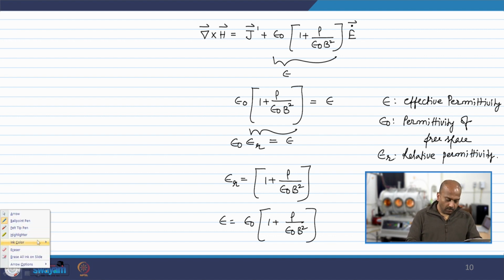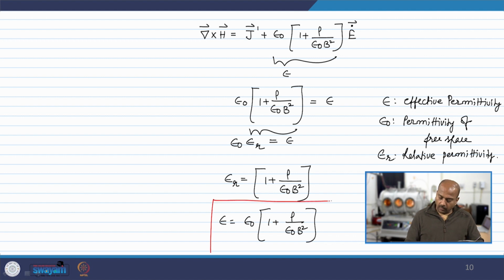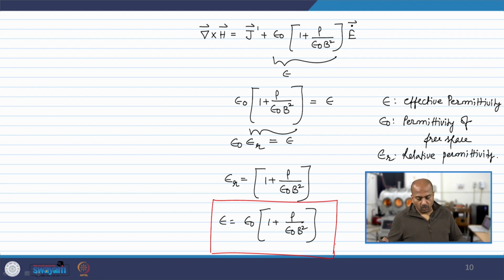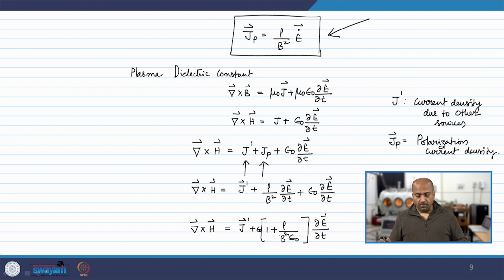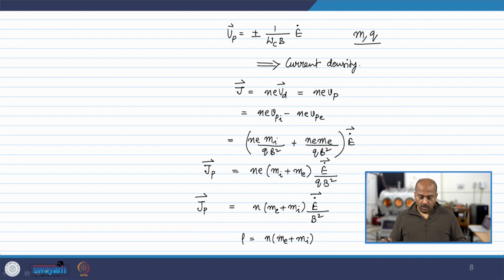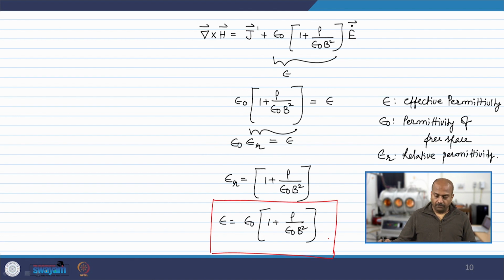Let us mark this expression because this is a very important formula that you should remember. Epsilon equals epsilon naught times 1 plus rho by epsilon naught B square. Now, which parameter in this describes plasma? It is the rho which describes the plasma. Where did we define rho? Yeah, this is the rho. This is the parameter which carries information about the plasma that we are trying to understand.